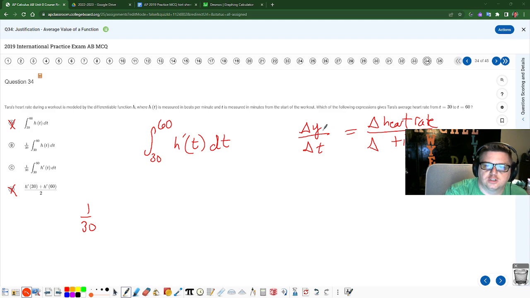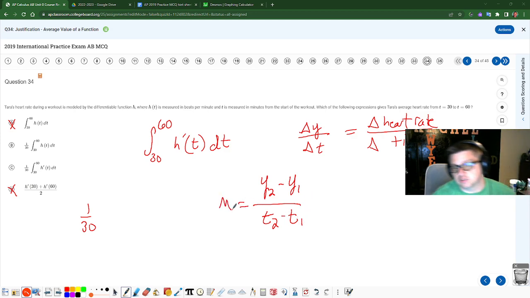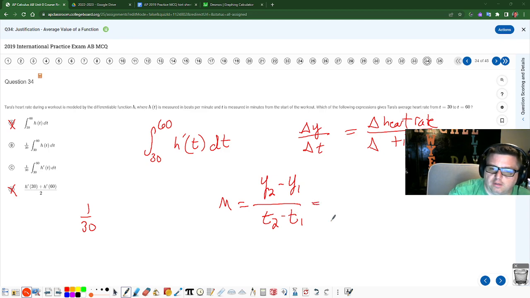So we would like to do a y2 minus y1, or let's be proper about this, t2 minus t1. This is your average rate of change. This is your average value theorem, whatever you want to call it, mean value theorem.